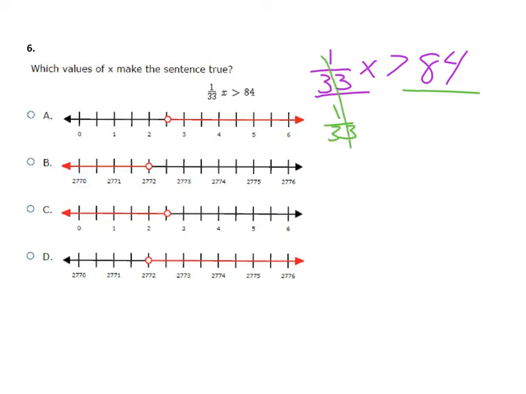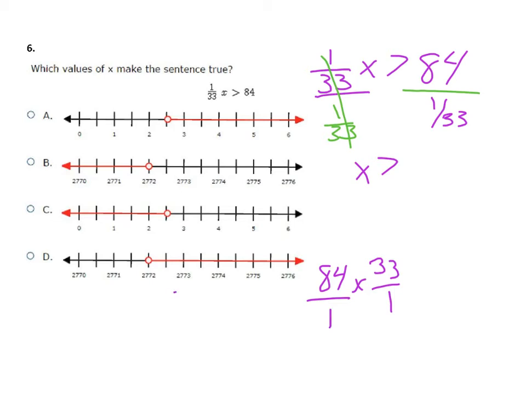And so that's going to cancel out, and I'm just going to be left with x, and I still have my greater than symbol. But remember, when you're dividing by fractions, the rule for dividing by fractions is that you change it to multiplication and flip the second fraction. And so in order to work that out, here I'm going to put in 1 underneath 84.